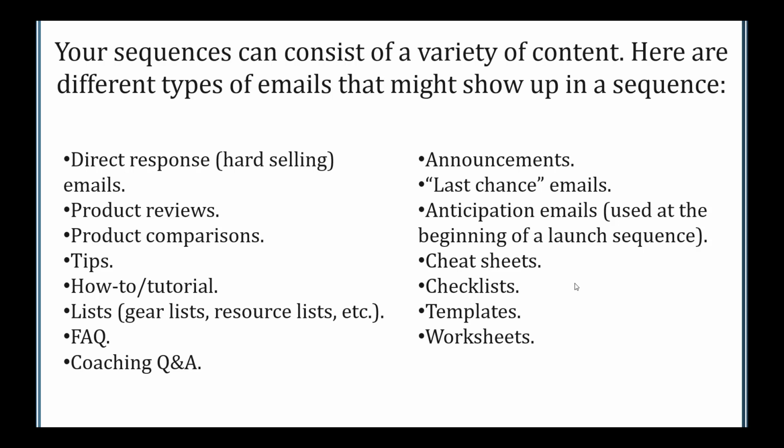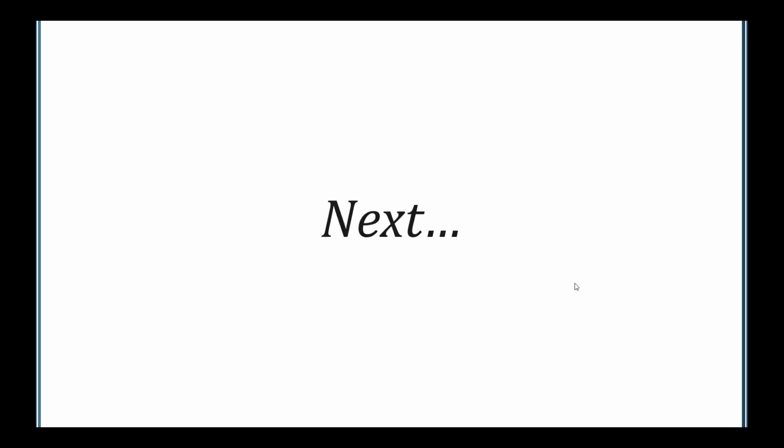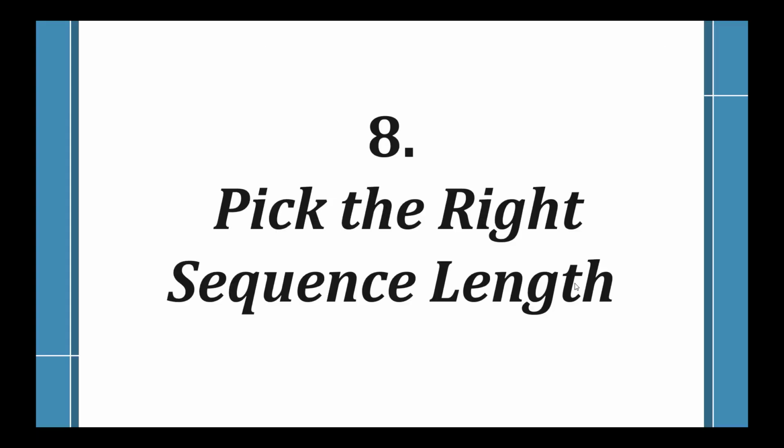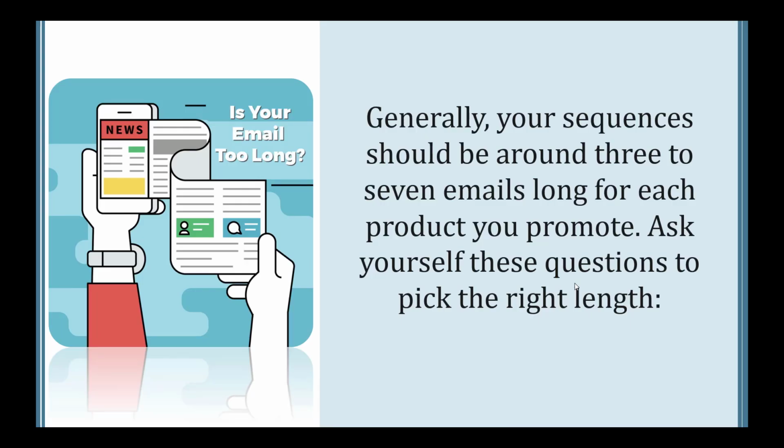Here are different types of emails that might show up in a sequence: direct response or hard selling emails, product reviews, product comparisons, tips, how-to tutorials, lists, that's including gear lists, resource lists, etc., FAQ, coaching Q&A, announcements, last chance emails, anticipation emails that are used at the beginning of a launch sequence, cheat sheets, checklists, templates, worksheets.